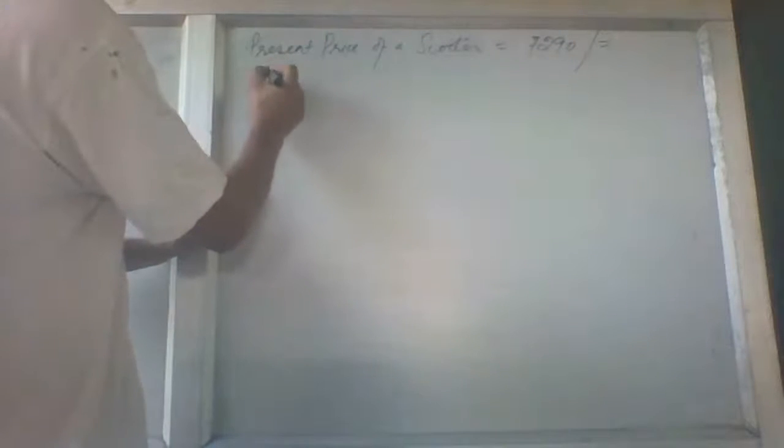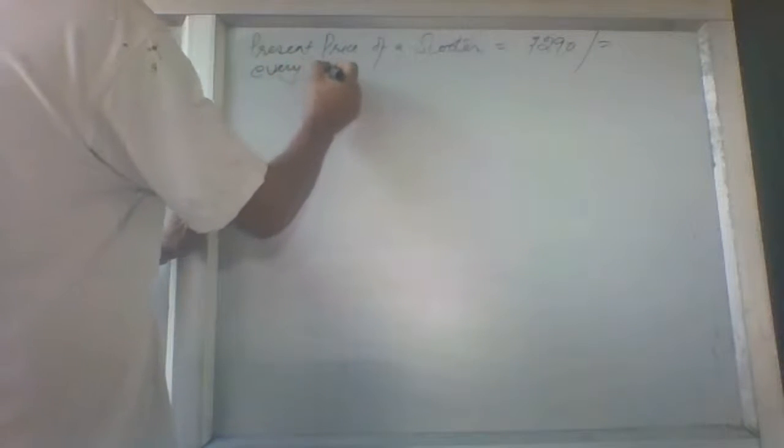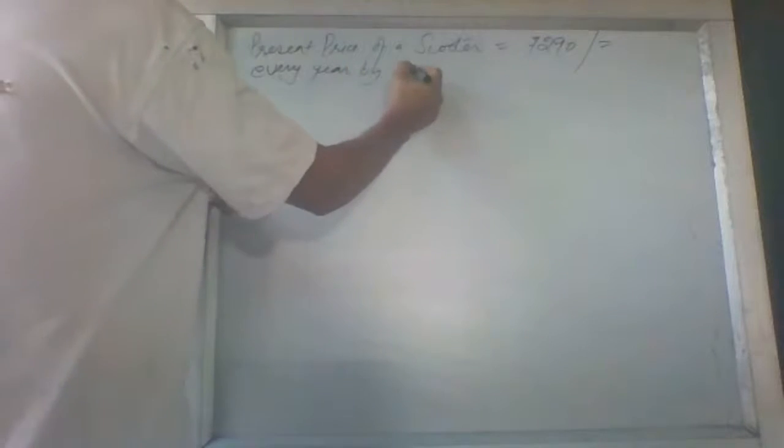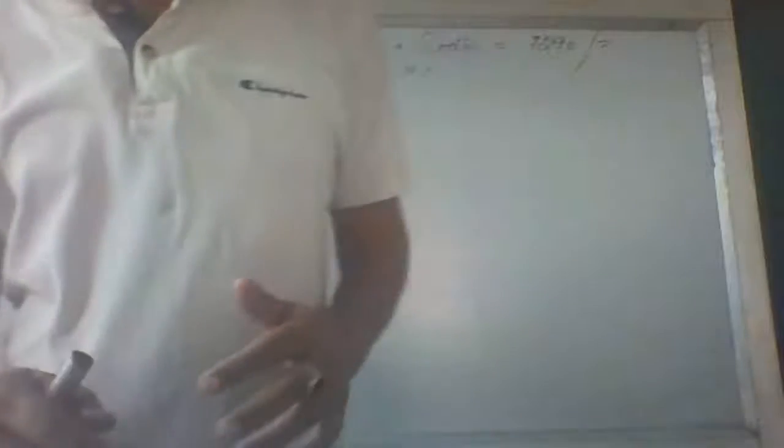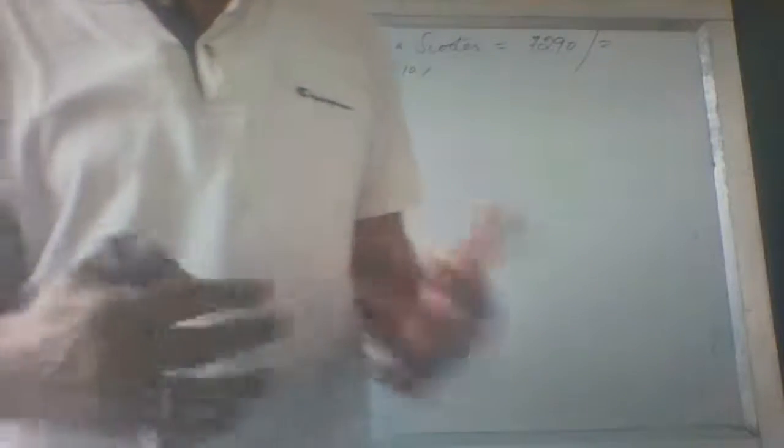If its value decreases every year by 10%, that is, 10% depreciation of its price, then what was its value 3 years before?